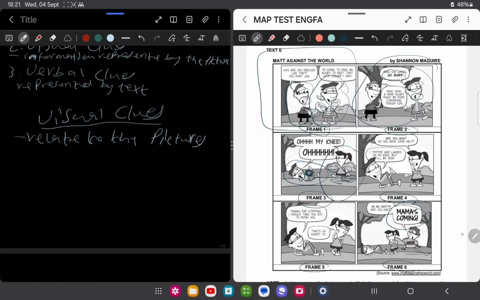You have to look at the individual picture and be able to get information from it. You have to explain whatever you see in the picture. So from there, you have to check the facial expression and body language.